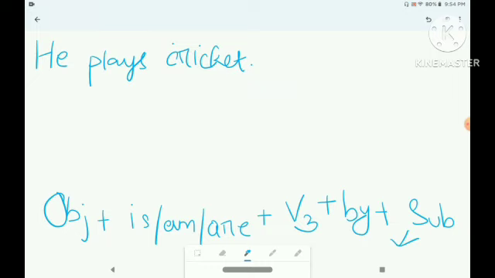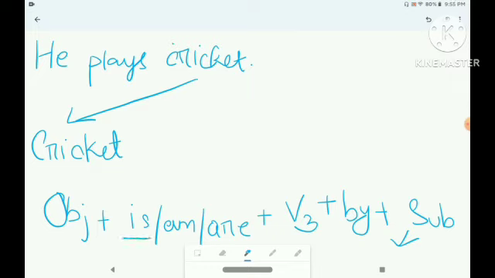First, our object: we will pick out cricket. Now how will we decide whether is, am or are is to be put up? When the subject is singular, we have to use is.